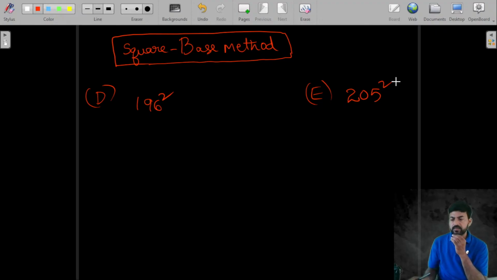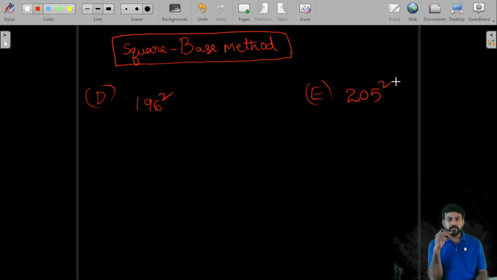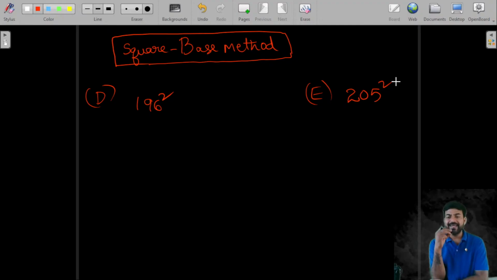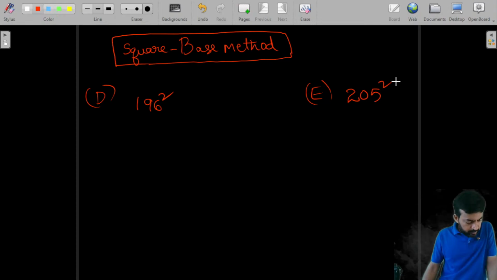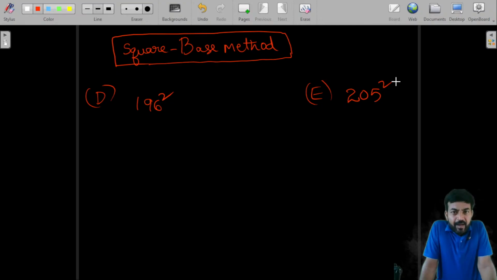Do that, both of them. D is below base and E is above base. Can you do that?